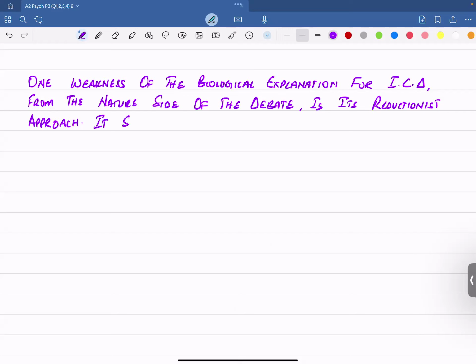What does reductionist approach do? It simplifies complex behaviors like compulsive stealing. We're talking about kleptomania over here.